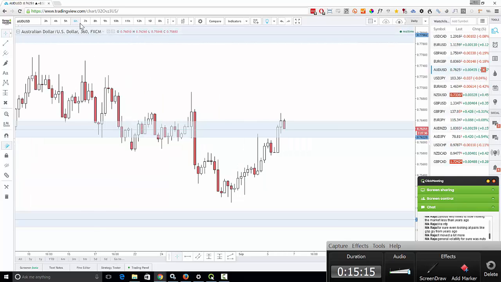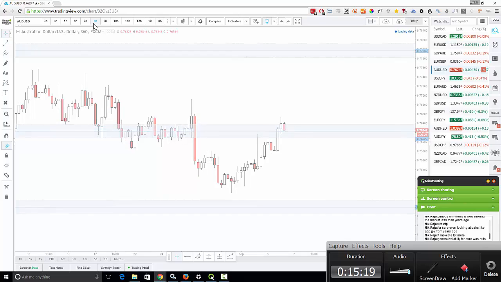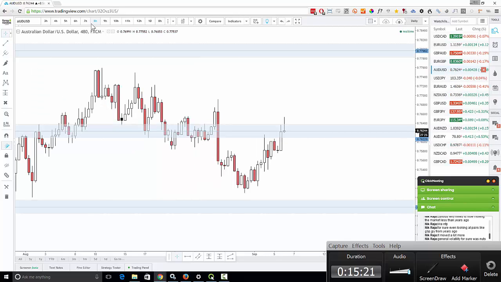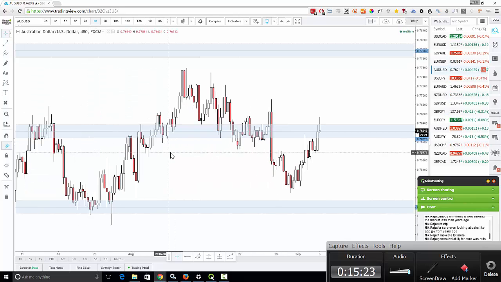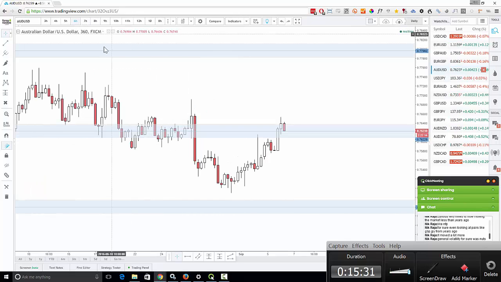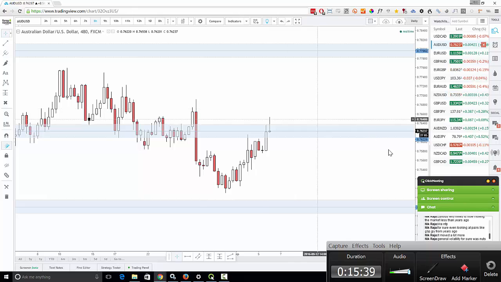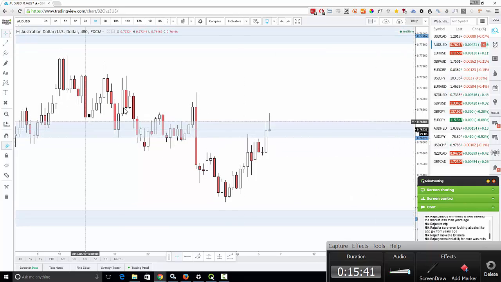Hmm. 6 hour seems interesting. I've been very apprehensive about taking trades on lower time frames lately. All right, we do have some potential here. I'm checking this out on the 8 hour right now. It probably has some potential on the 6 hour.